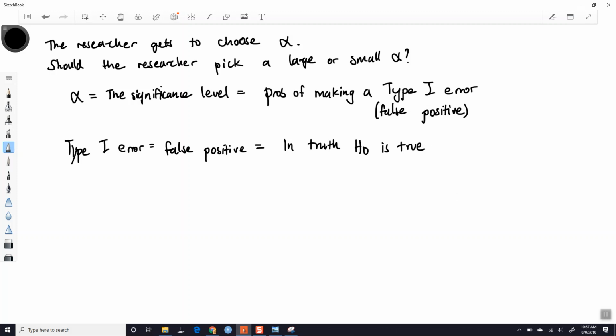In reality, the null hypothesis is true, but our data, probably because of random chance, has led us to the conclusion to reject the null hypothesis.